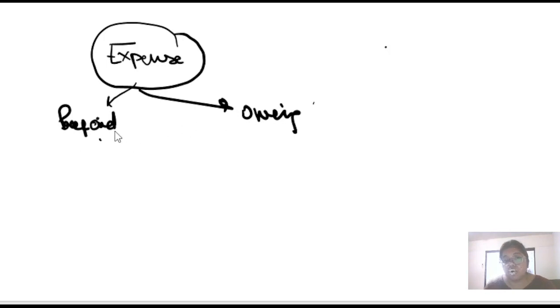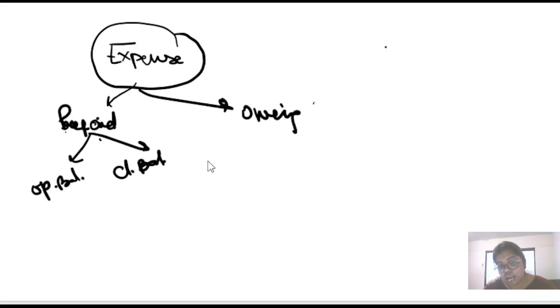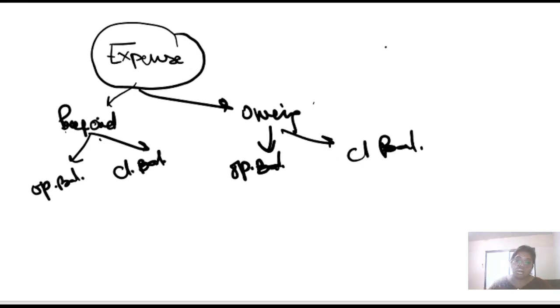Okay, so prepaid also has the opening balance as well as the closing balance, and the same for owing. Now just remember this thing. Prepaid is your advance.